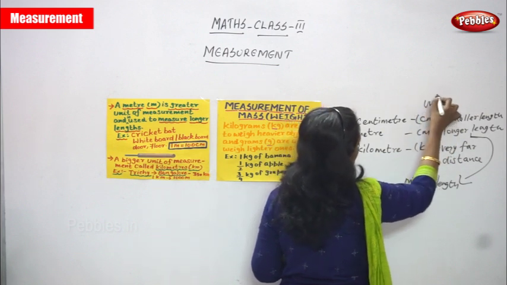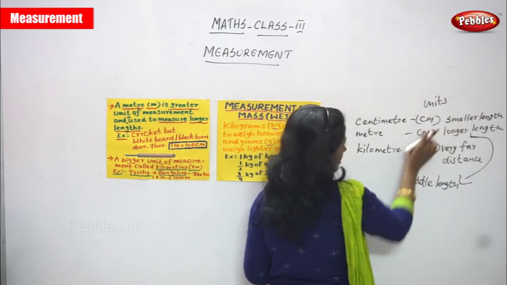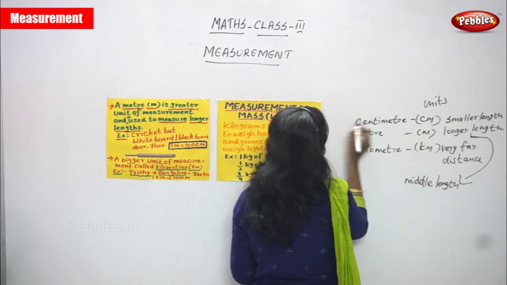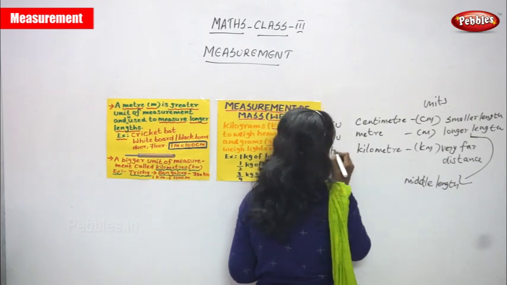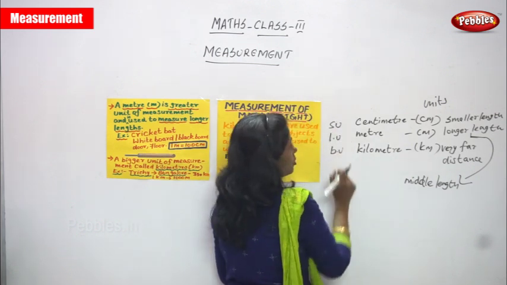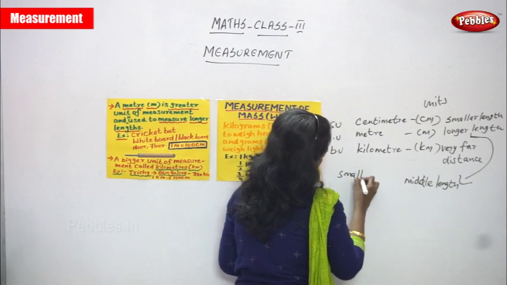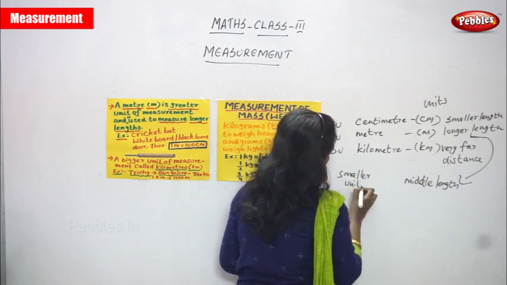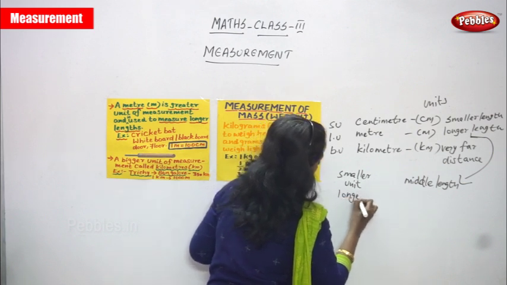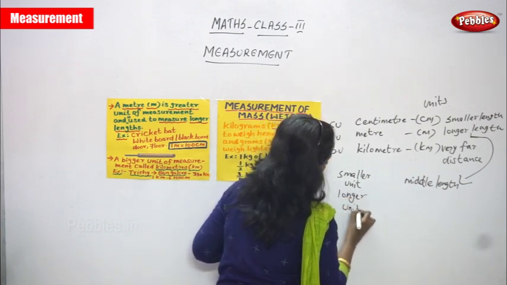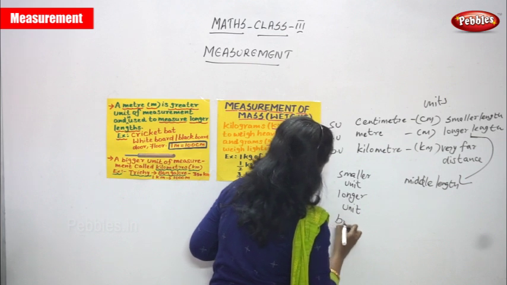These are the units. Smaller unit is SU, this is LU, longer unit, and this is a bigger unit. SU smaller unit, longer unit, bigger unit.